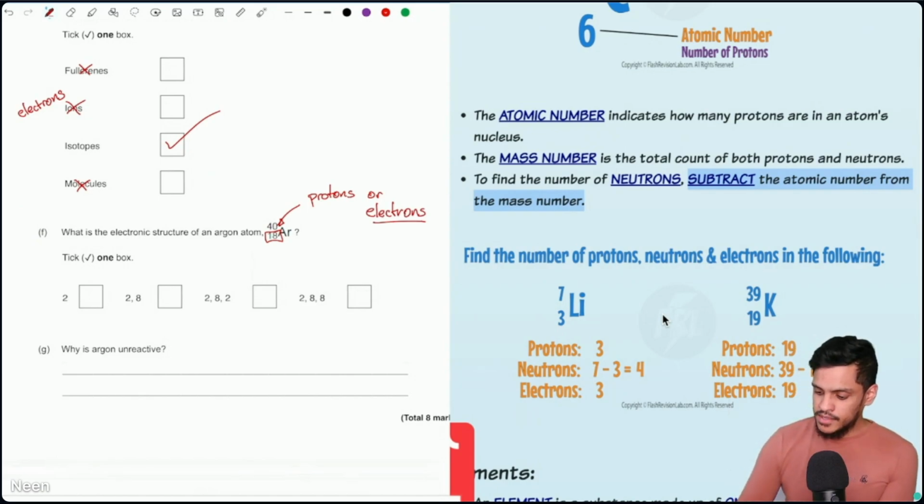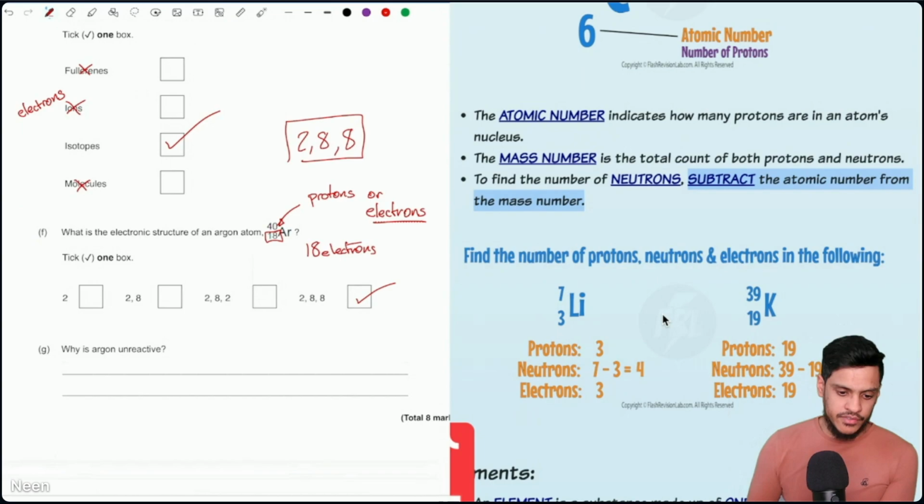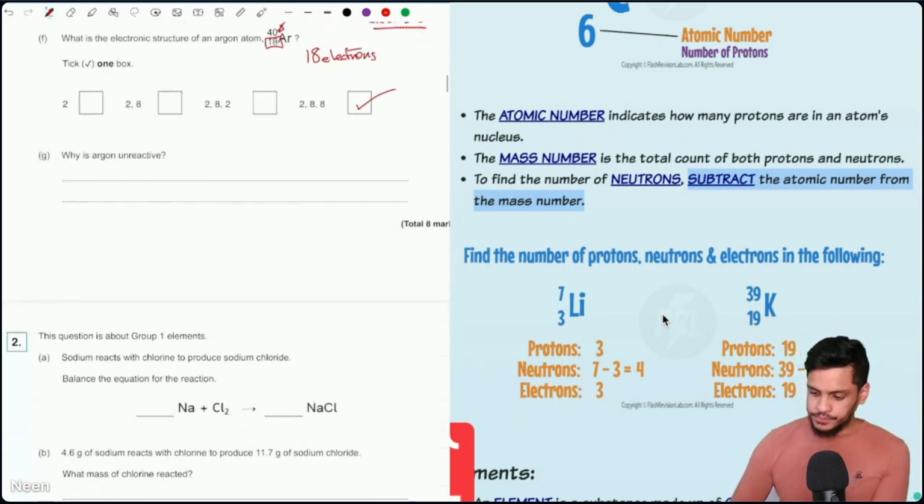So this argon atom has 18 electrons. The first shell needs to always have 2, second shell 8, third shell 8. If you add them all up, it gives you 18, doesn't it? So the answer has to be 2,8,8 because there's 18 electrons. Yeah, well done, guys. Everyone's getting it right.